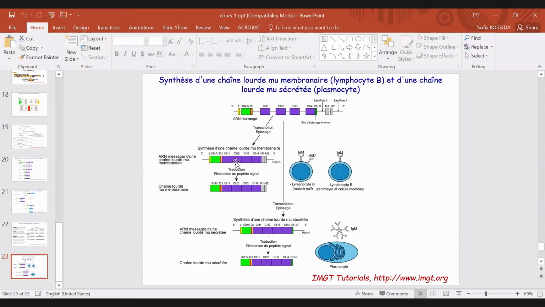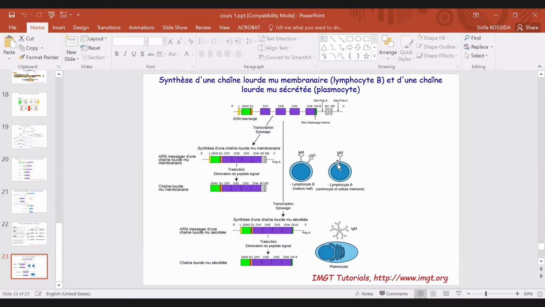Then when the translation happens, of course, the leader peptide will be excised as usual. Similarly, the poly A tail, and this is the peptide. This peptide contains the 4 constant regions as well as M1, M2 that allow this membrane heavy chain.